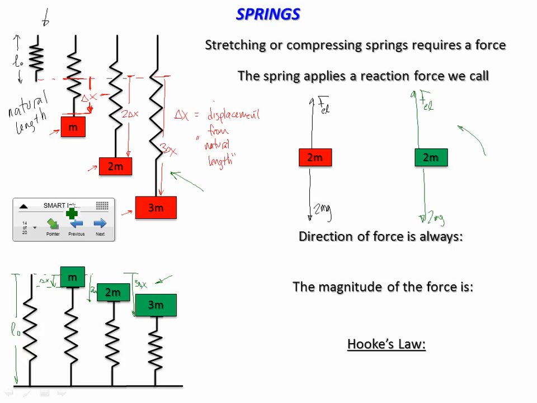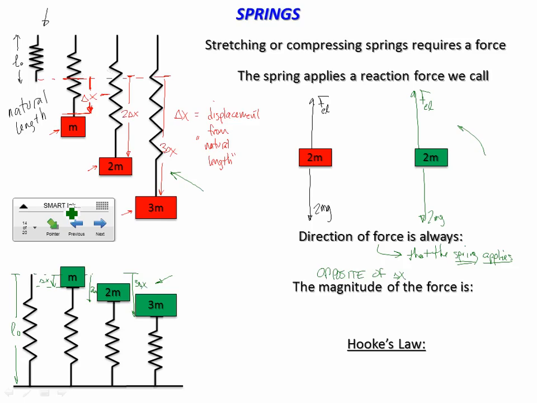Direction of force, and this is really important, is the force the spring applies, as opposed to the force that's applied to the spring. The force that the spring applies is always opposite of delta x.